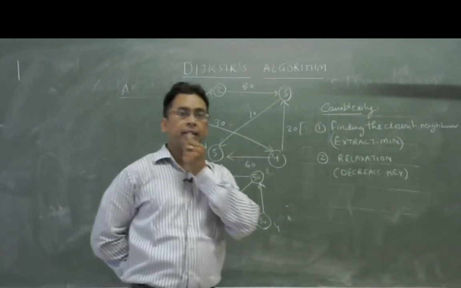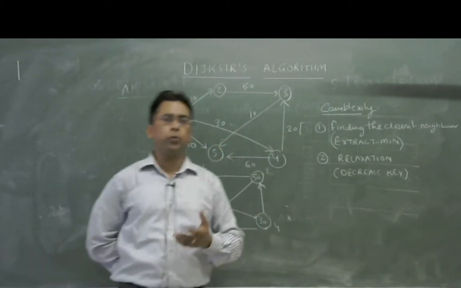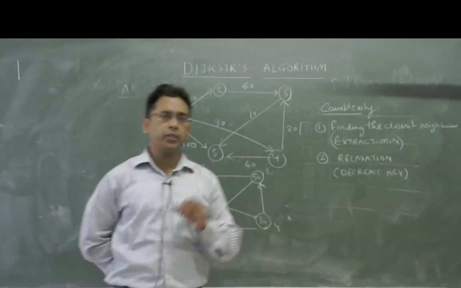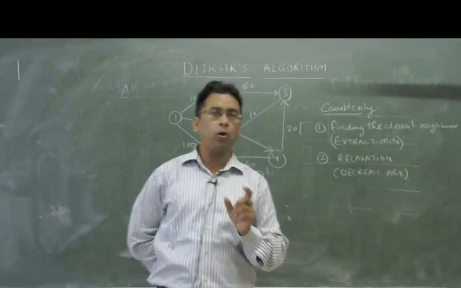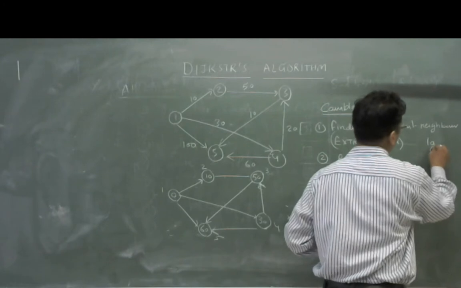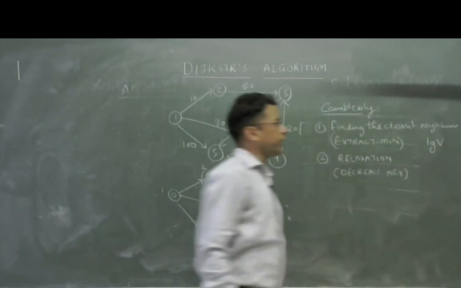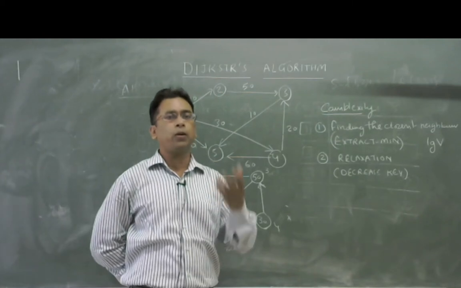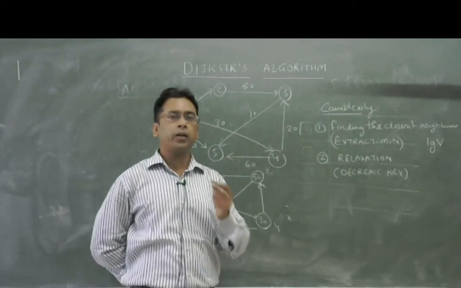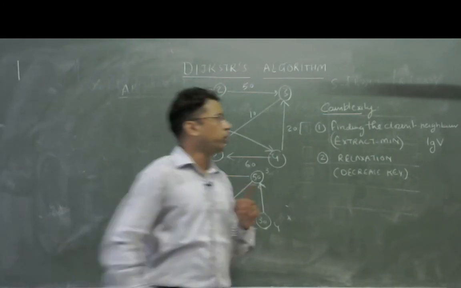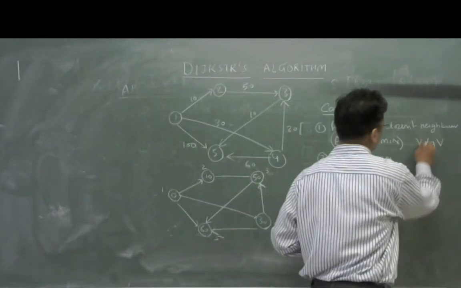In extract min, if we use the binary heap, it will take log v steps, because for every vertex there could be a maximum of log v length, and we are running extract min for each node at least once, so it will take v log v time.